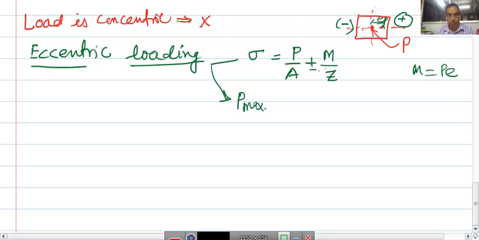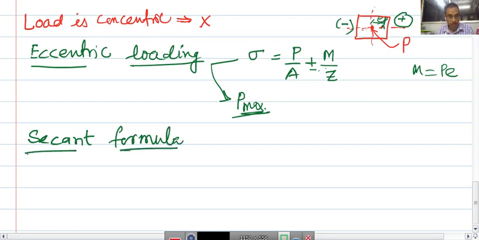Okay, to take care of this, we have the secant formula. Again, there is a derivation, and you need to remember the derivations. You may be asked to derive the equations in the examination. I will derive it in the class based upon your end conditions, taking a fixed column like this.